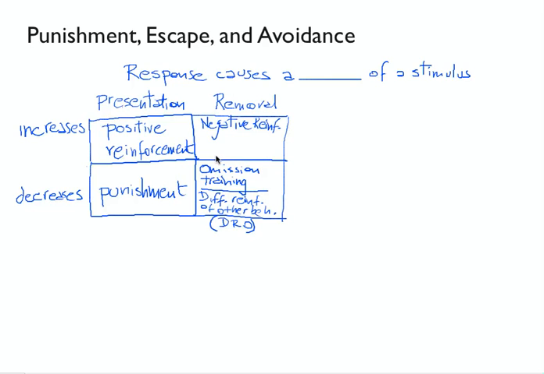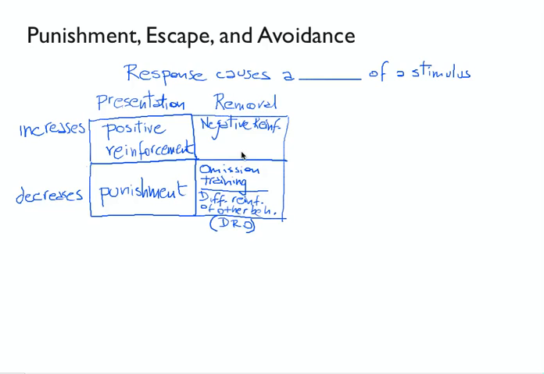Typically, the appetitive stimulus is presented in the case of positive reinforcement, an aversive stimulus is presented in the case of punishment, but an aversive stimulus may be removed in the case of a negative schedule, and then we're talking about negative reinforcement.